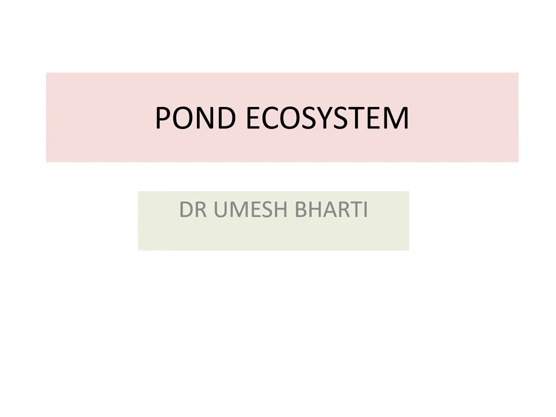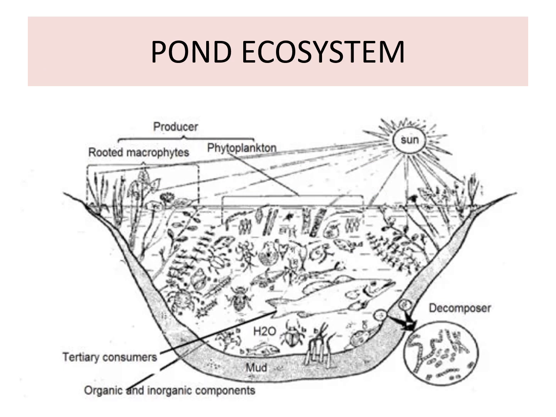Pond ecosystem is a shallow ecosystem where light reaches to the bottom. Sun is the radiant energy which is trapped by the photosynthetic plants and provides food for the rest of the organisms.